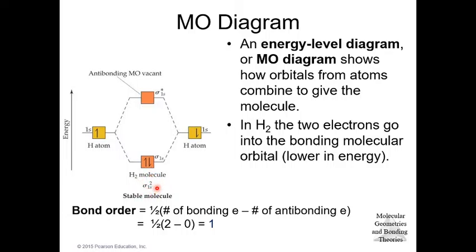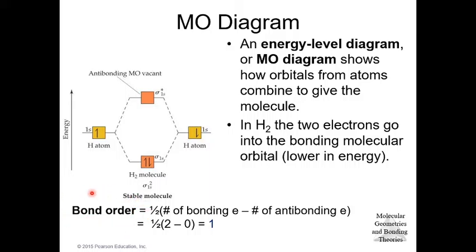Now we're going to introduce another concept, something new that's unique to molecular orbital theory, which is bond order. Bond order gives you an idea of the strength of the bond. The higher the bond order, the higher the bond strength. Now, what's different about bond orders with respect to the other ways we have discussed bonds, single, double, and triple, is we can have fractions.